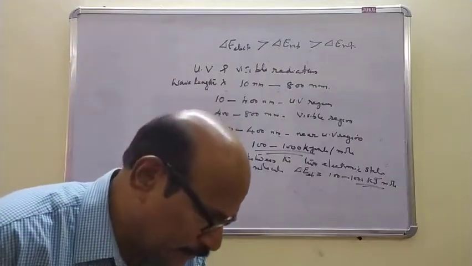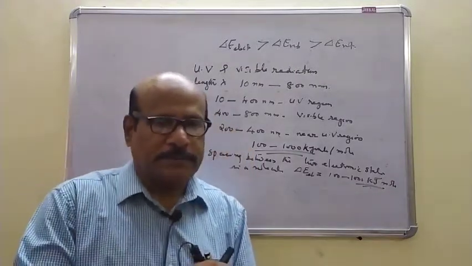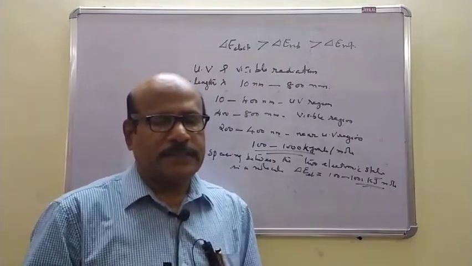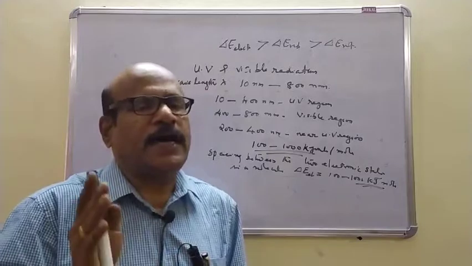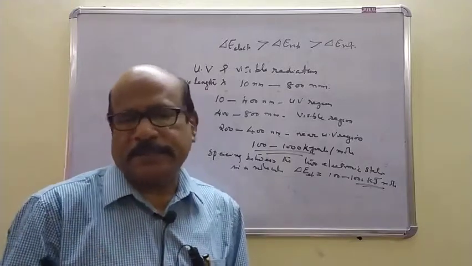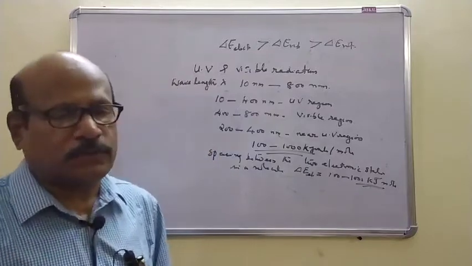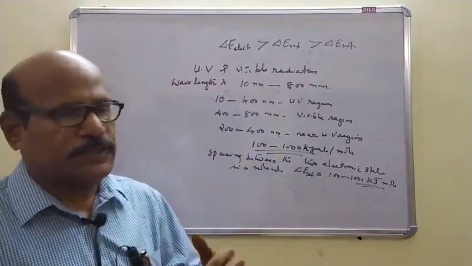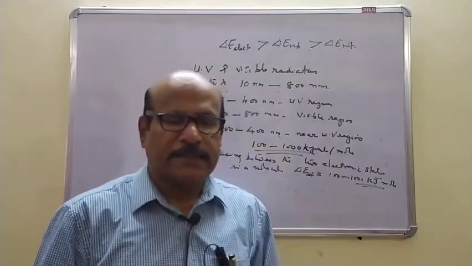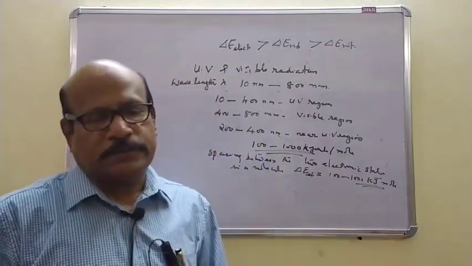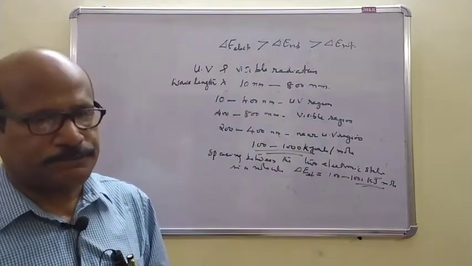That's the important thing. Then the theory behind it: as I mentioned, why are we using UV and visible radiation for electron transition? The answer is that the spacing between any two electronic transitions in a molecule is almost equivalent to the energy carried by the UV and visible radiation, so they can induce the electronic transition in a molecule.